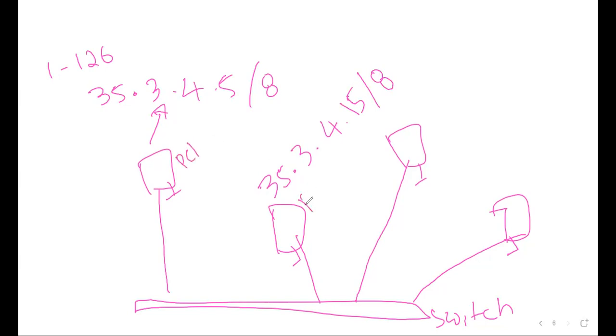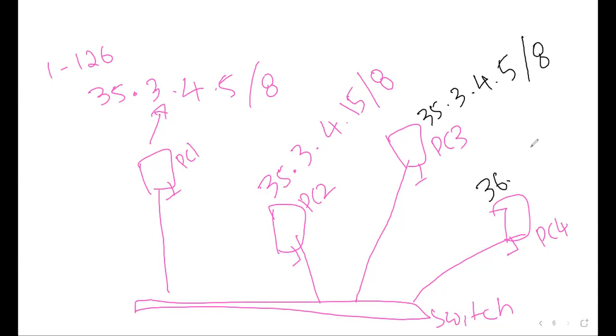PC1, PC2, PC3, and PC4. Now my PC3 is 35.3.4.5.8. My PC4 is 36.3.4, let's say 5.8. Which of the systems can communicate?